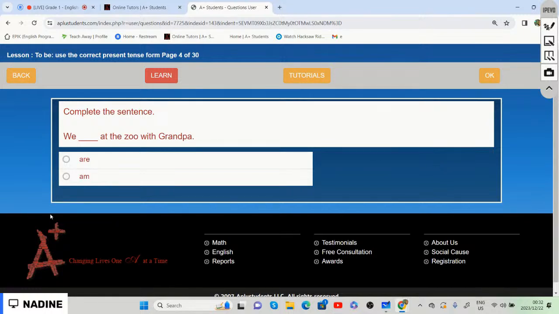All right, so now we refers to more than one person. Do we say we are at the zoo with grandpa, or do we say we am at the zoo with grandpa?